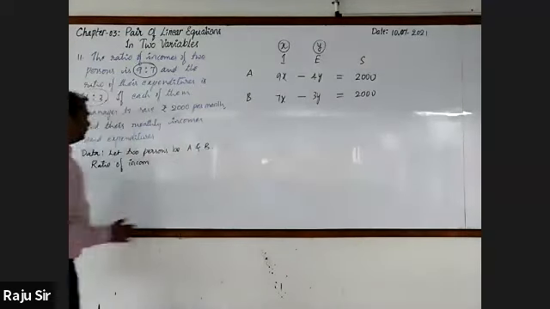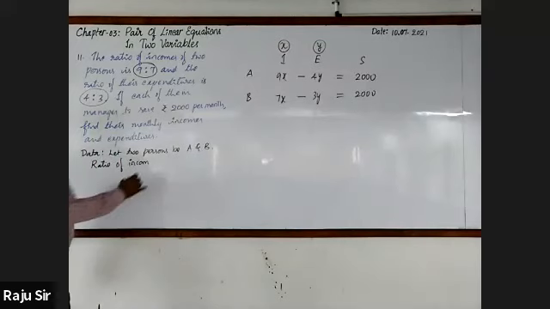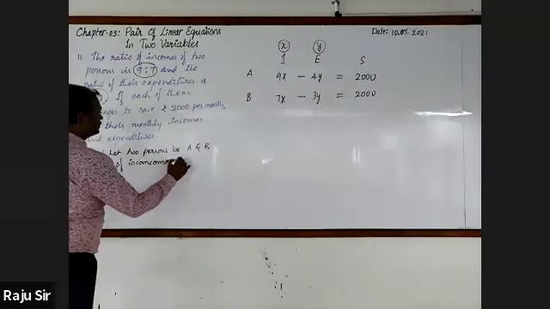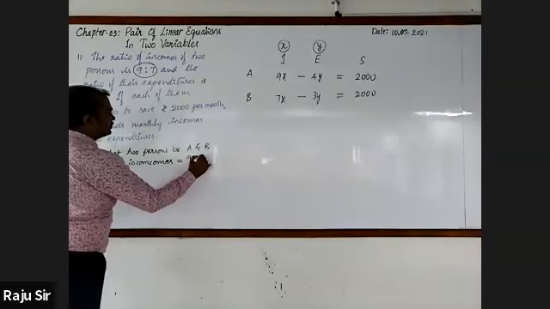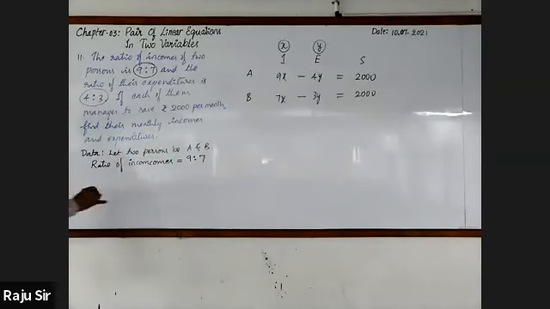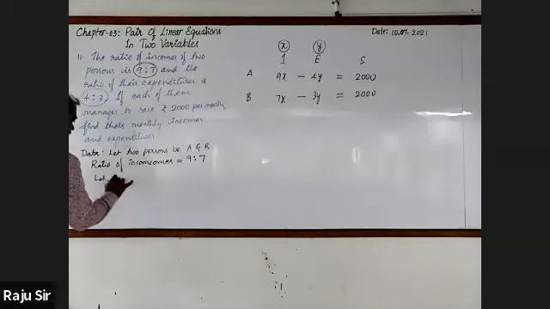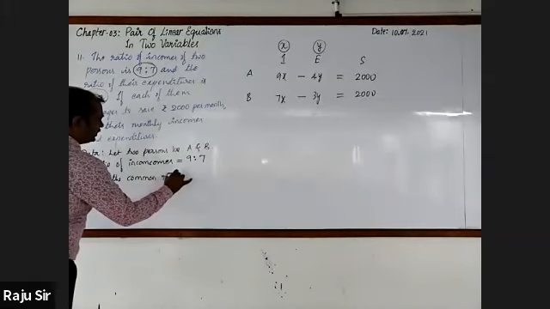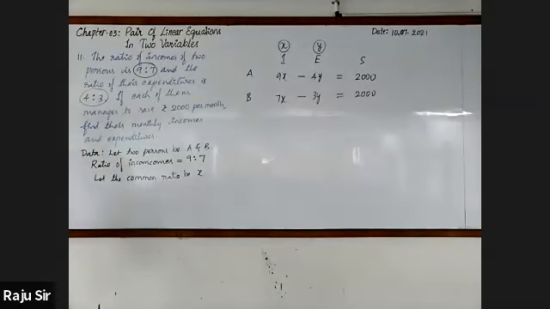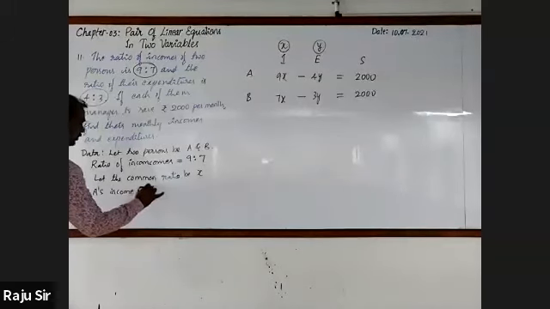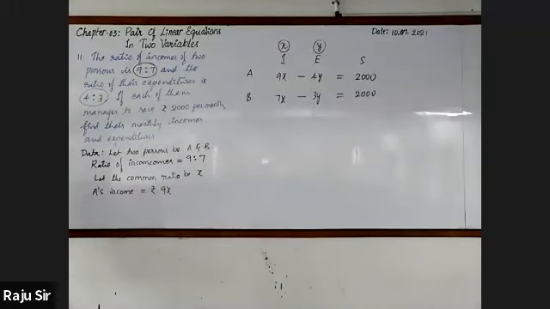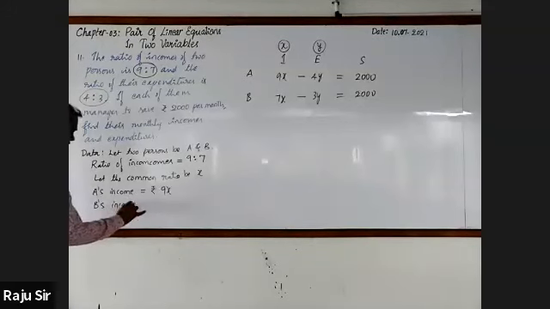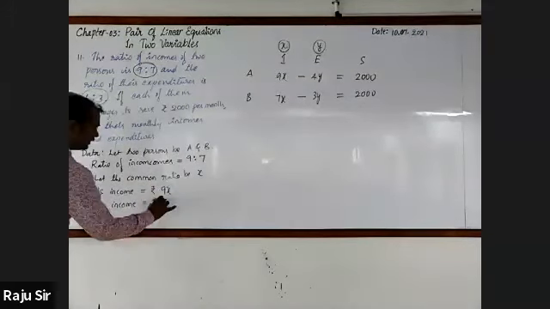Ratio of their incomes is 9:7. Let the common ratio of income be x. Then A's income is equal to rupees 9x. Next, B's income is equal to rupees 7x.